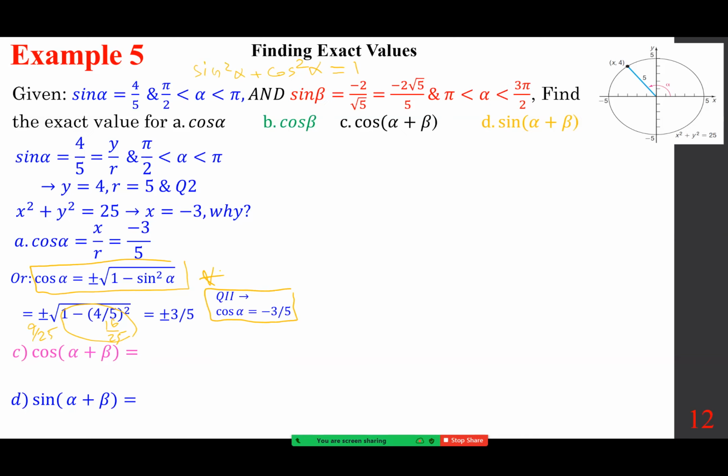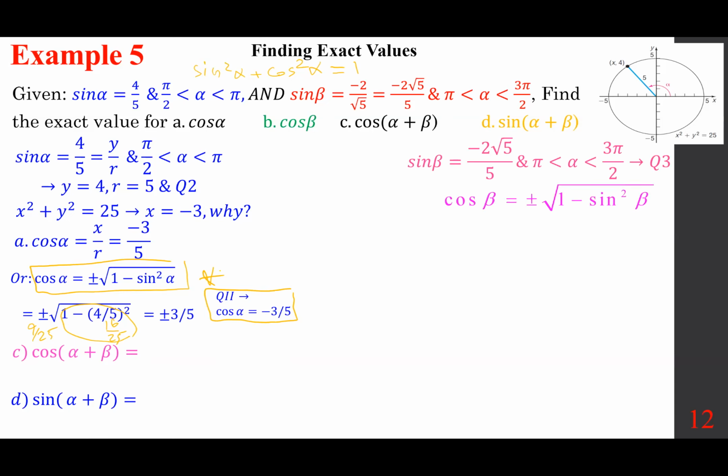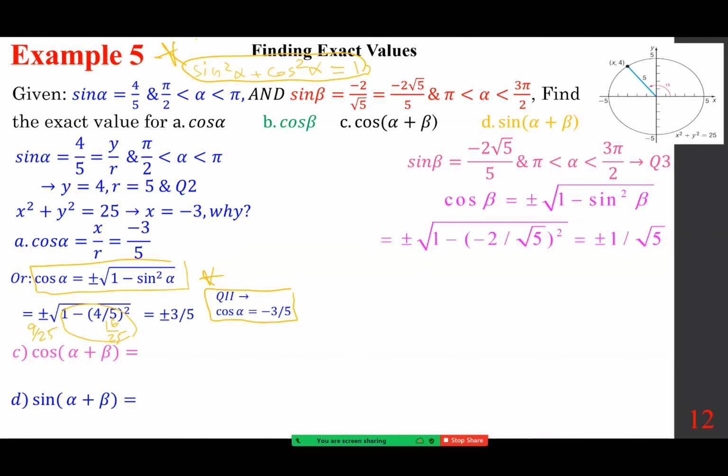So sine is given. We are in the third quadrant. In the third quadrant, sine and cosine are both negative. So cosine is plus minus the square root of 1 minus sine squared beta, again coming from this formula. And so we plug in minus 2/5.